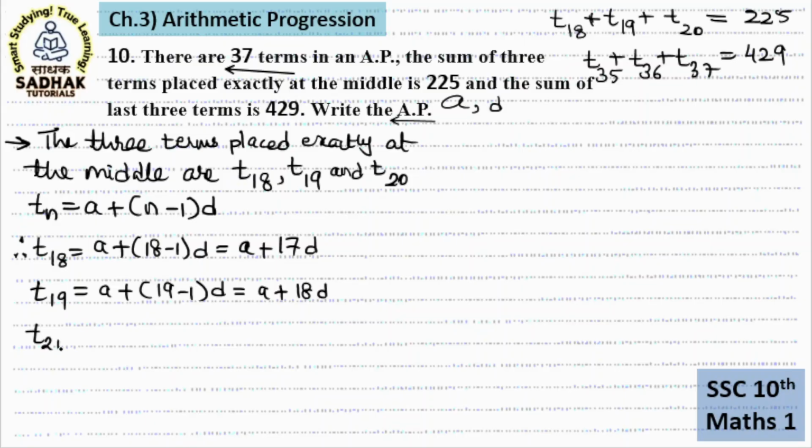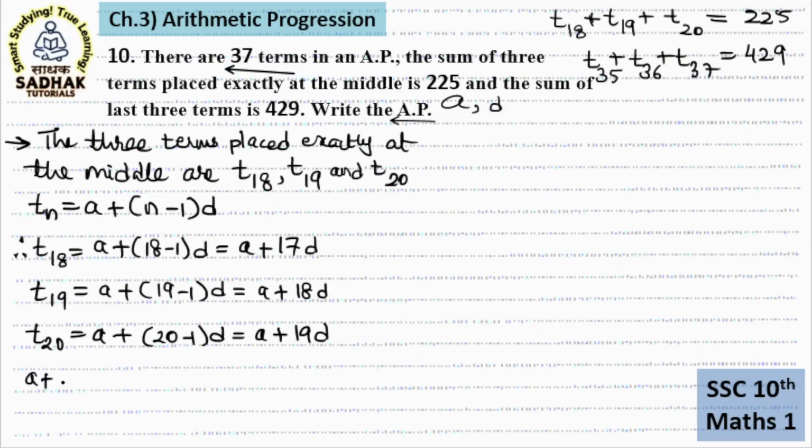And T20 will also be similar, so 20 minus 1 D, that is A plus 19D, okay? So according to the given information, the sum of all these three terms is 225, okay?